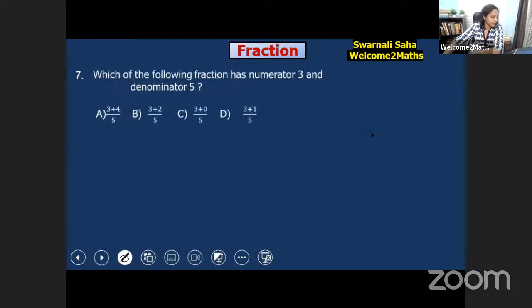Now, let's move on. Let's solve our next question. Question number 7. Which of the following fractions has numerator 3 and denominator 5? Can you find out? Three by eight, very good, it is the right one.